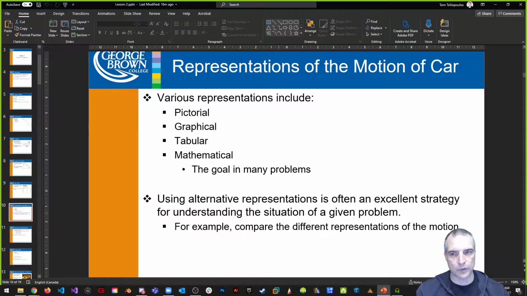When we represent the car itself, we have a few things that we can use. We use a picture, some kind of image. One thing I'm going to ask you to do this semester is, if you're solving a problem, a lot of times we may need to draw a picture, kind of like what we did last week when we talked about the distance away from the tree.